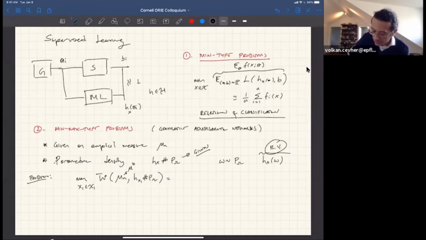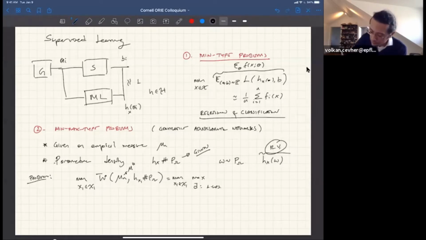There is an easy way to do this. So we have an x1, using Kantorovich-Rubinstein duality. We have a max. Now this max is going to be over some functions d that are 1-Lipschitz.